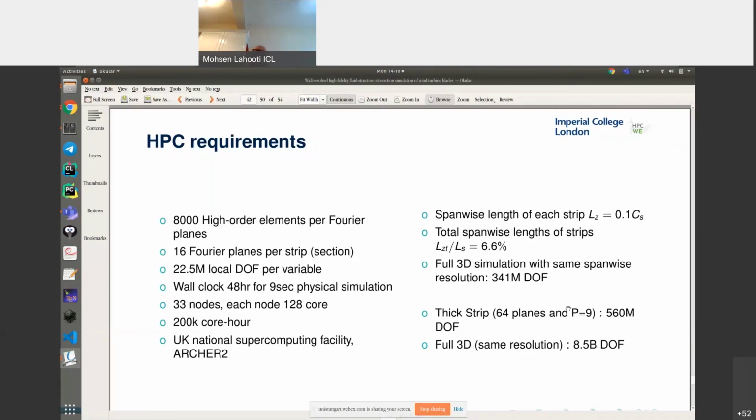So it highlights two things here. First, how incredibly the thick strip approach contributes to making such a simulation more practical, and second, the requirement for exascale simulation for such a flow.